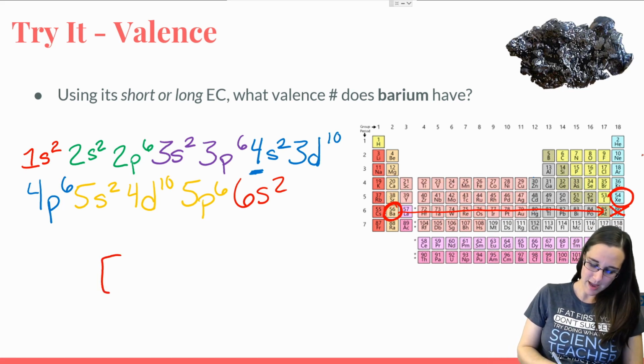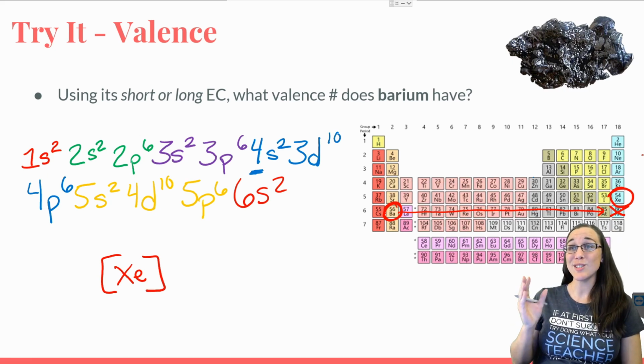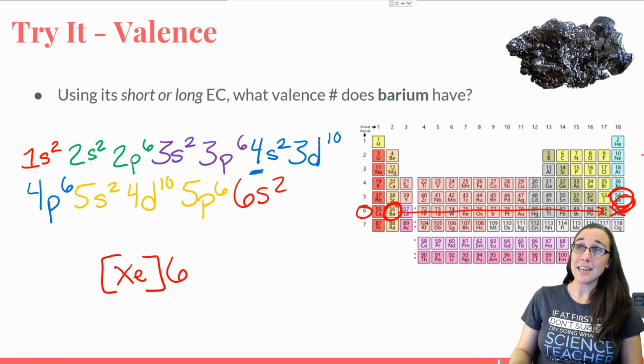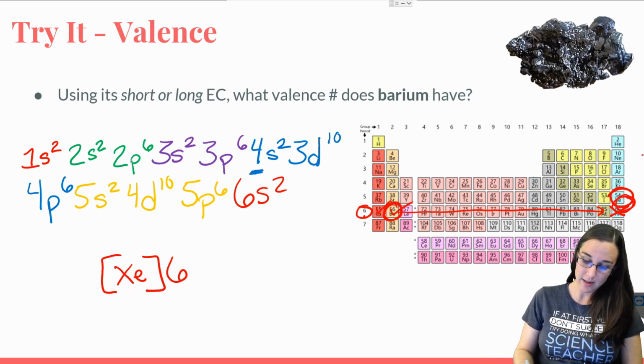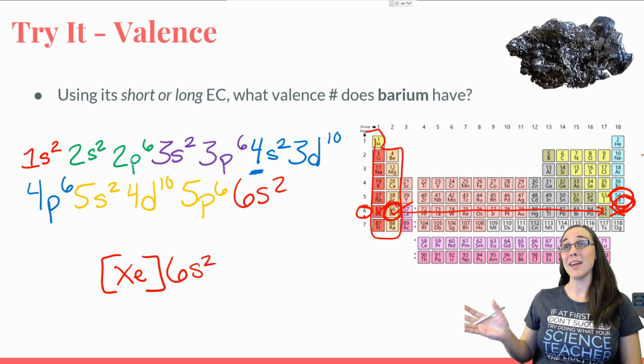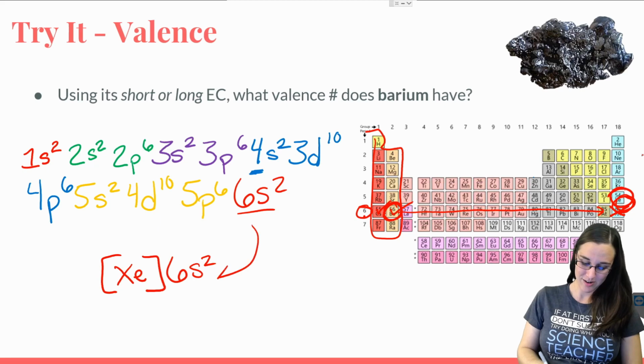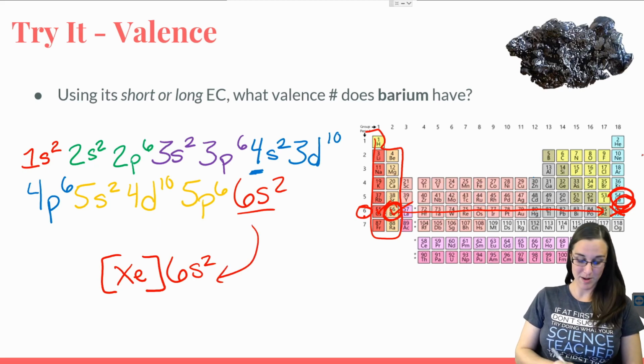We're going to put that noble gas in brackets, and then we're just going to start our reading frame from Xe. So from Xe, now we're going to go to level 6, count over 1, 2 in this S block, and that would be our entire electron configuration for barium if it were shorthand.